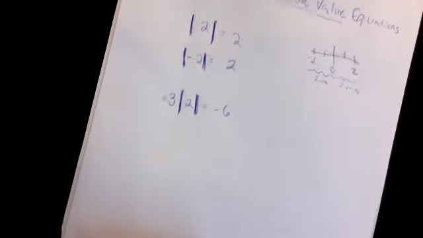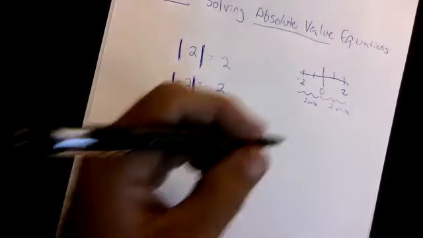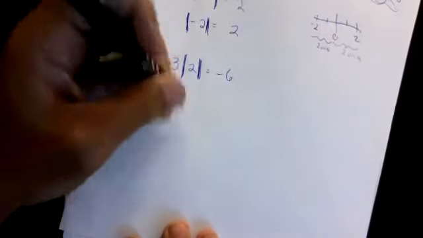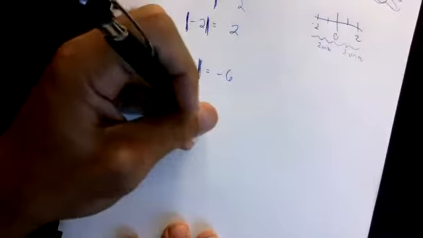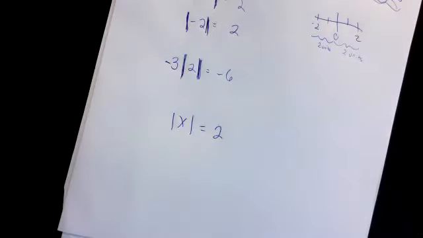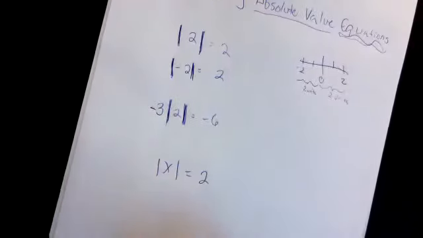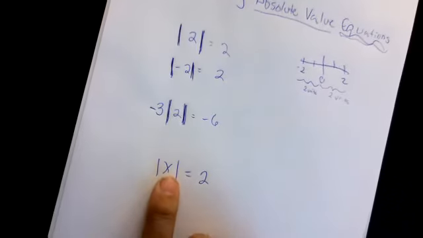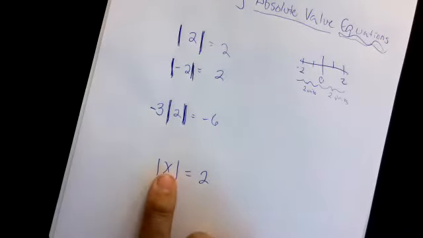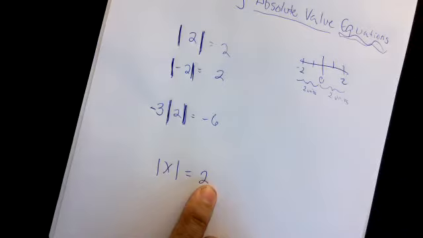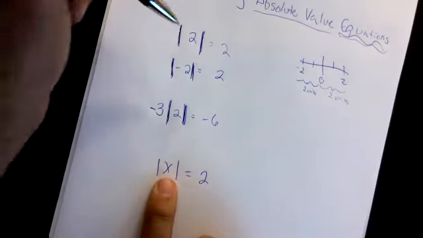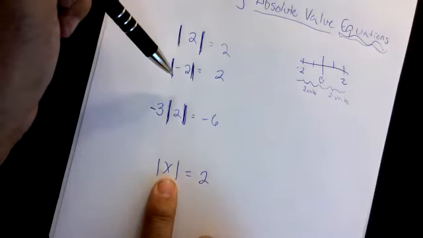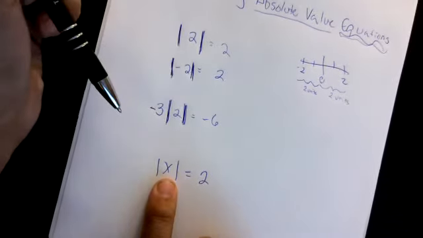All right, so first off, that's the concept of absolute value. Now we're going to talk about solving some equations, meaning they're going to throw some letters in here. So we'll start out with something basic that we pretty much just talked about already. If I said the absolute value of some number is 2, what numbers could I plug in for x that would make this work? 2 or -2, either one.